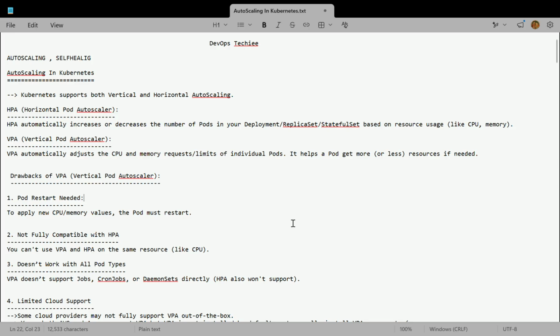Let's see the difference between HPA and VPA. The vertical pod autoscaler automatically adjusts the CPU and memory requests or limits of individual pods. Suppose there is a team with one manager, one lead, and 8 team members, distributing the load to the 8 team members equally.